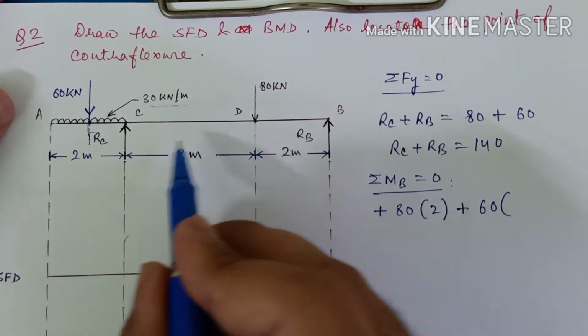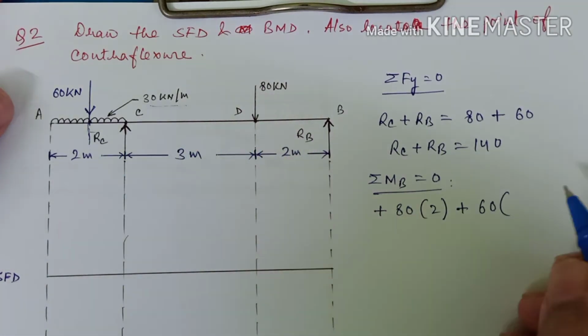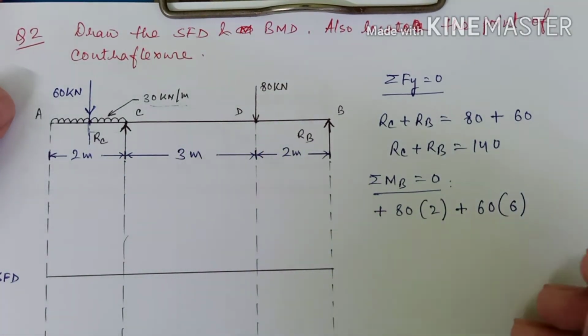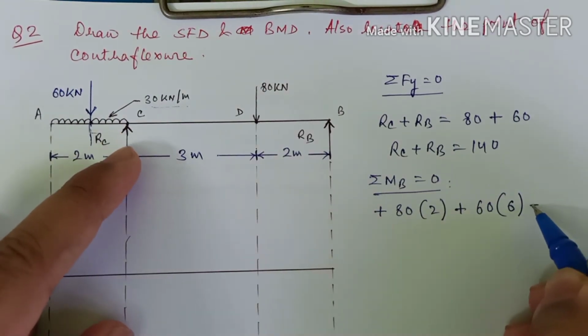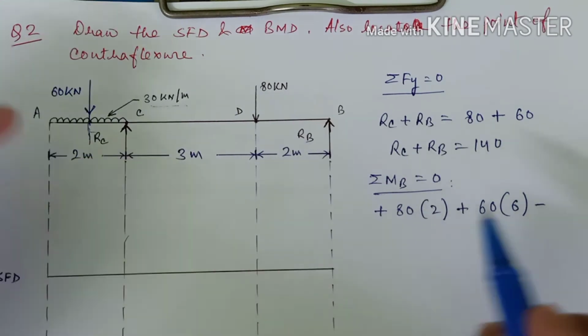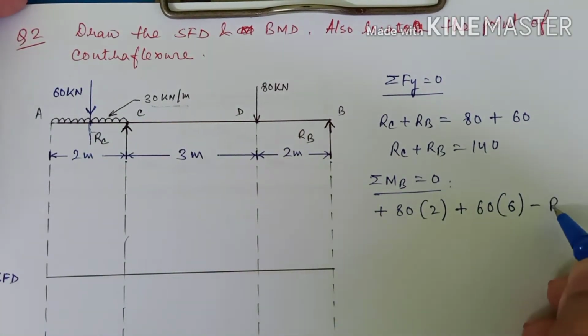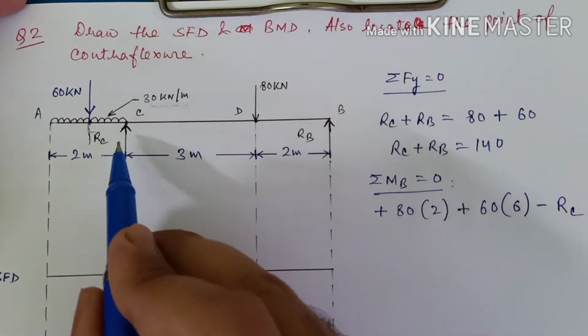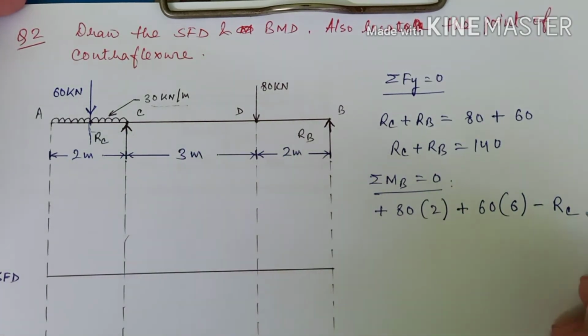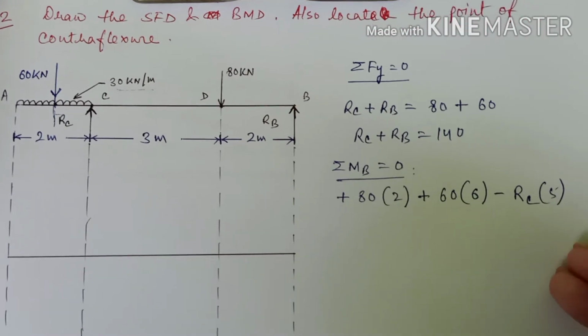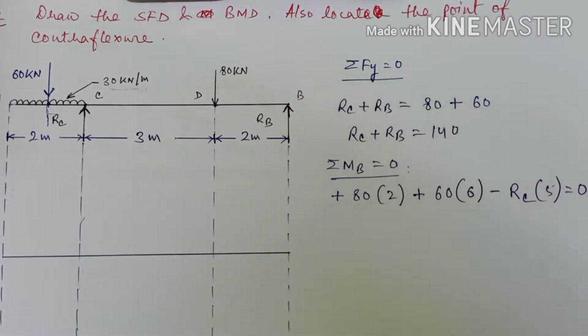That will be 1 plus 3, 4, 6, right? And the last but not the least, this one, that is RC. RC will try to rotate the beam in clockwise fashion, so it will be negative RC multiplied with this distance. So what will be the distance? 3 plus 2, that is 5, equals to 0.